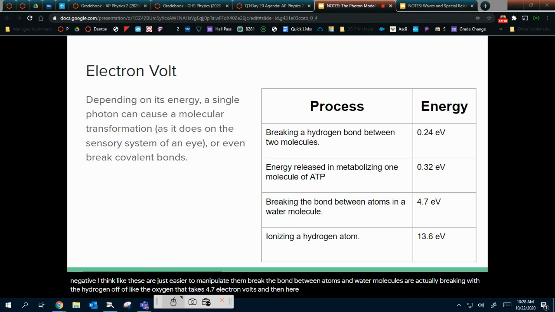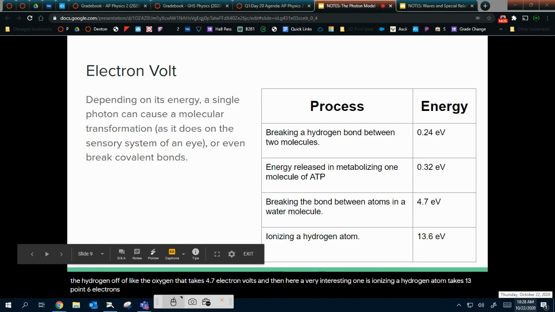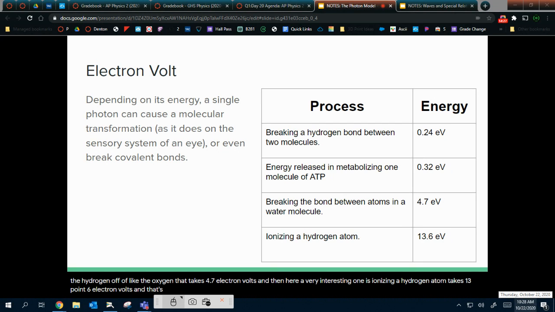And then a very interesting one: ionizing a hydrogen atom takes 13.6 electron volts. That's interesting because it gives us a baseline. How many electrons does a hydrogen atom have? 1, typically.